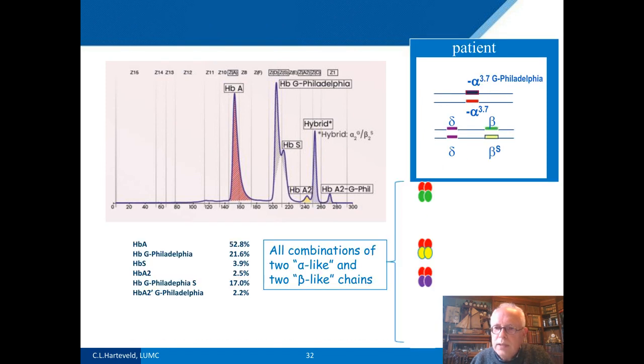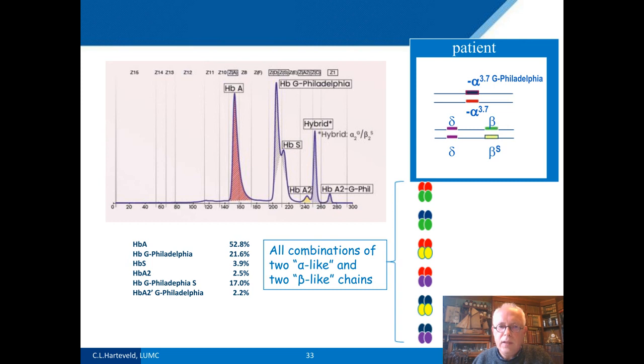So if we look at this picture and determine how many different hemoglobin types you can predict from this composition of DNA, well, at least the normal ones, so the hemoglobin A from alpha and beta, the hemoglobin S, alpha2 beta S2, and alpha2 delta2, but of course also the G. Philadelphia can form these combinations with beta, beta S, and delta.